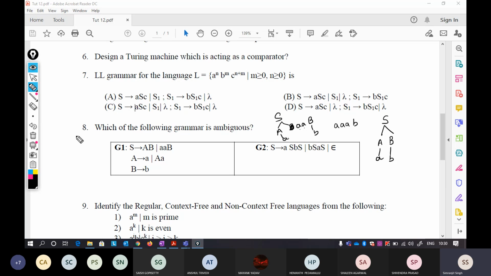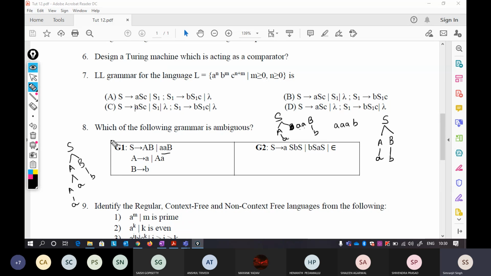Okay, so let me see. AAB. What can be the other one? If AAB is possible, yes. S tends to AB. So this A becomes A, and then this B becomes A. So yeah, I think AAB can be a possible choice.